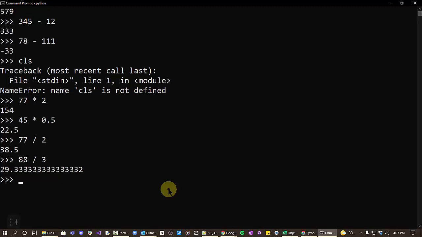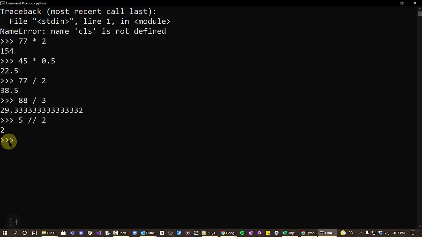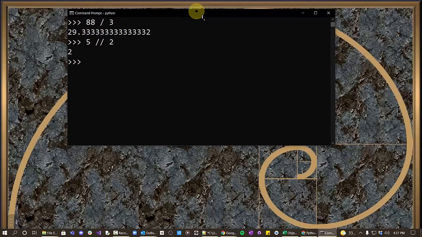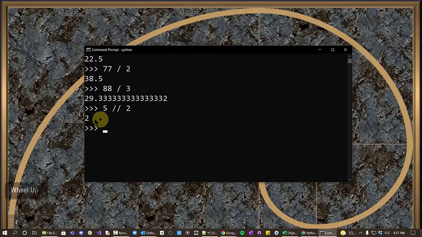So that's division. Another type of division that Python will do is integer division. If I divide 5 by 2, normally that would be 2.5. However, if I do a double slash, notice that I get 2. This is integer division.